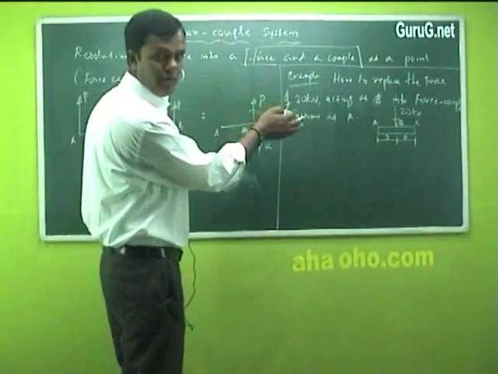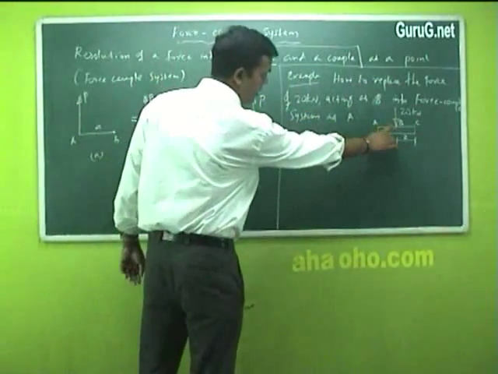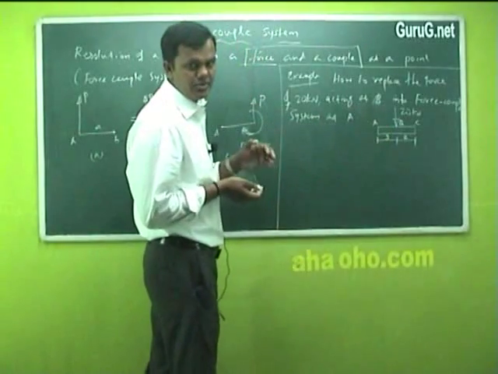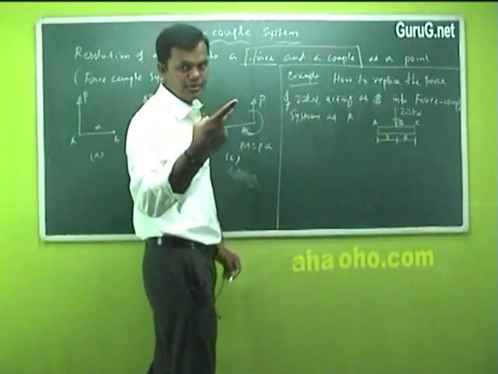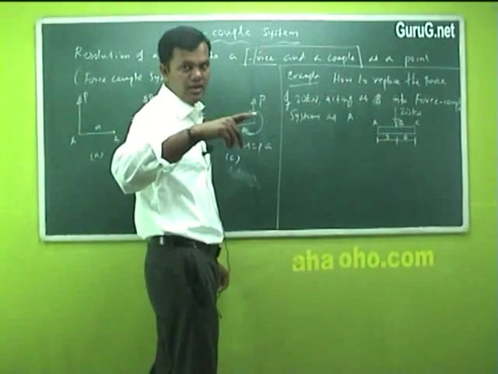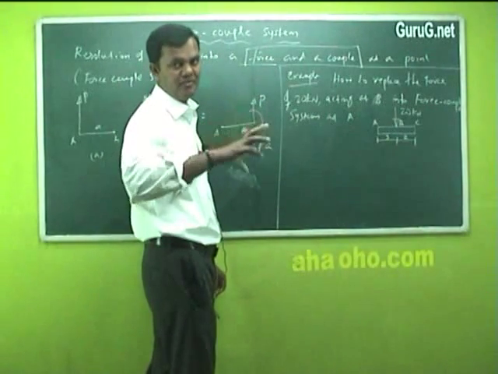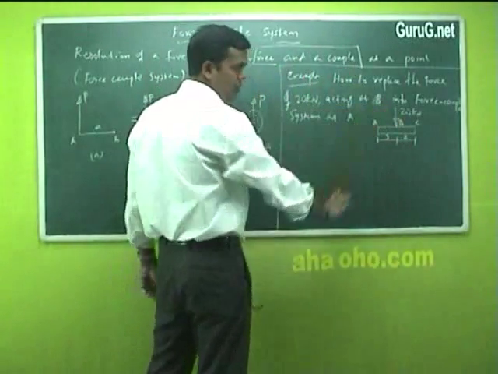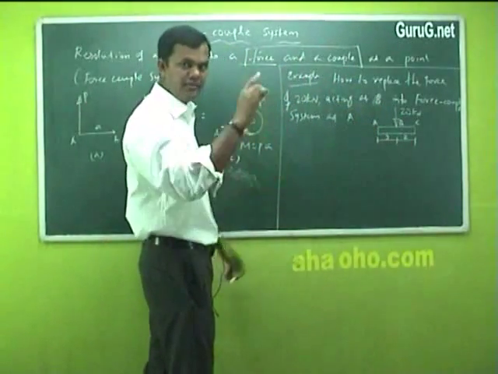The same procedure is followed here. So first we are drawing this sketch as it is at point A. Now our work is to introduce another two forces which are collinear, but it should make the same effect at a point, so that with the applied value of 20 kilonewton and the other force, it forms a couple.